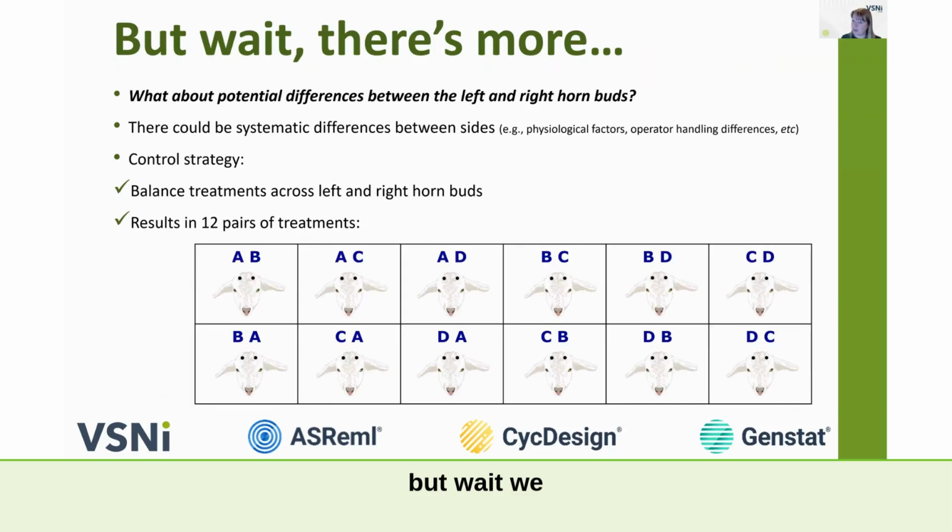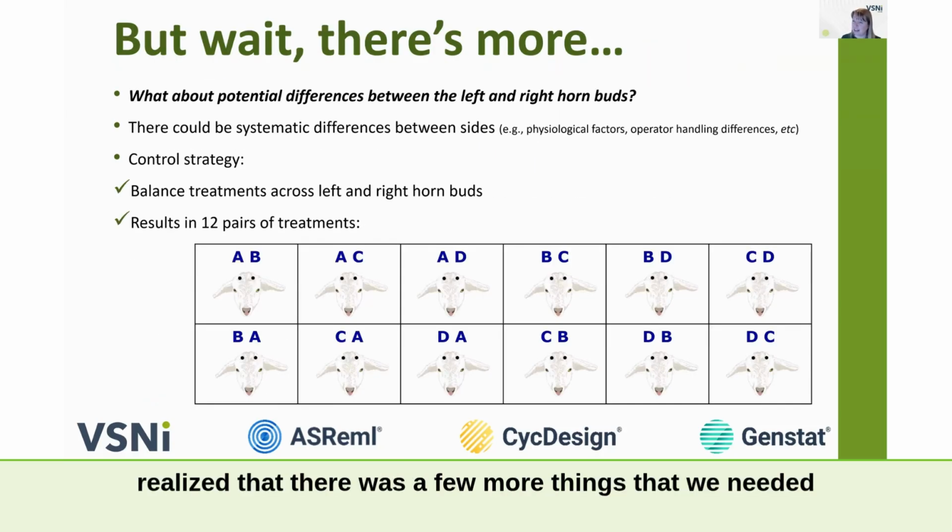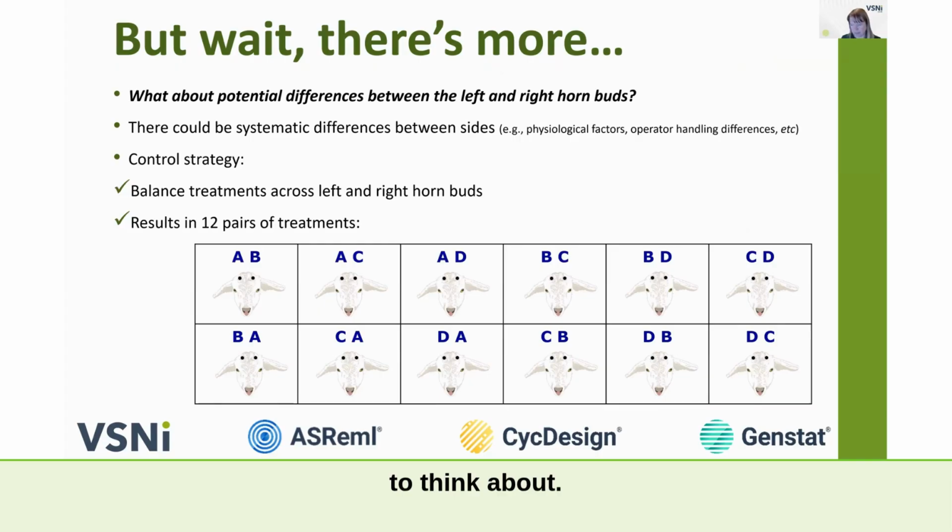But wait, we realised that there were a few more things that we needed to think about. So for example, what about potential differences between the left and the right horn buds? There could be some type of systematic differences between the sides due to physiological factors, even things like operator handling or other subtle influences that we can't think of off the top of our heads.